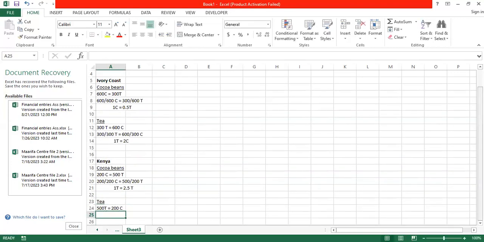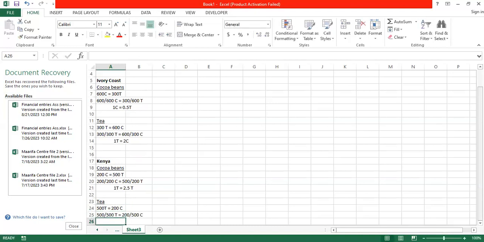And then we say 500 divide by 500 is equal to 200 divided by 500.